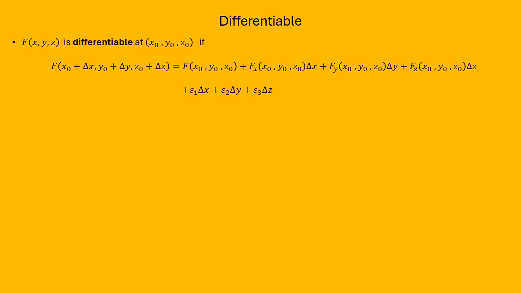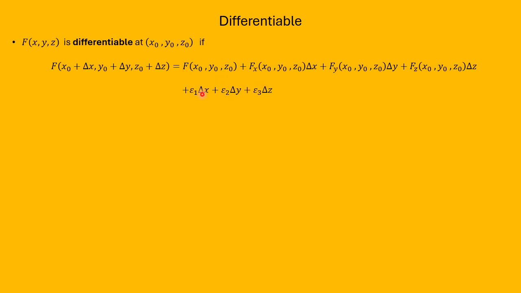F of x naught plus delta x, y naught plus delta y, z naught plus delta z is equal to f of x naught, y naught, z naught plus the partial derivative of f with respect to x at x naught, y naught, z naught times delta x, plus the partial of f with respect to y at that point times delta y, plus the partial derivative of f with respect to z at that point times delta z, plus epsilon 1 times delta x plus epsilon sub 2 times delta y plus epsilon sub 3 times delta z.